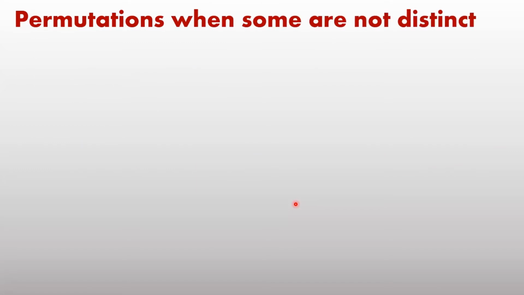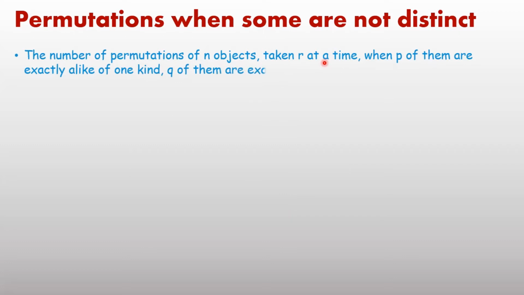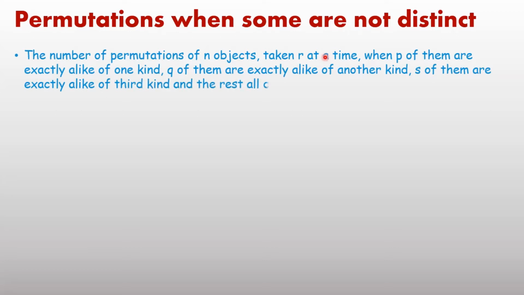Next, permutations when some objects are not distinct, which means some are the same, repeated. The number of permutations of n objects taken r at a time, the simple formula all of you know, is nPr, or factorial n upon factorial n minus r. But here some objects are repeated, when p of them are exactly of the same kind.